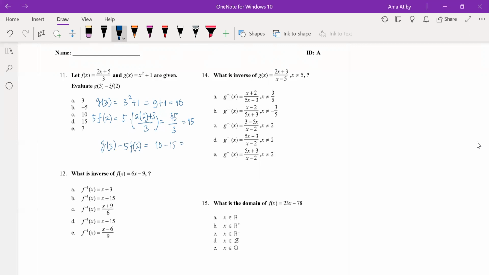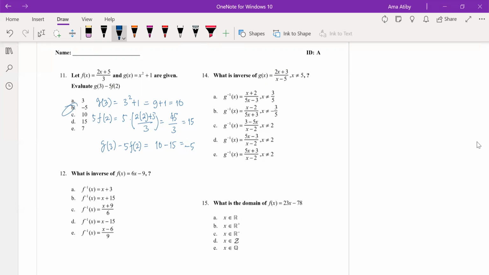So it's equals to negative 5. All right. Now we will continue to the inverse. We finished for the functions, its operation, and then the composition.